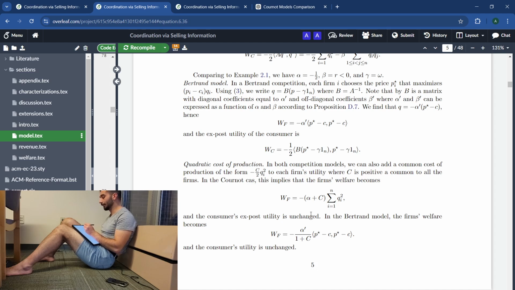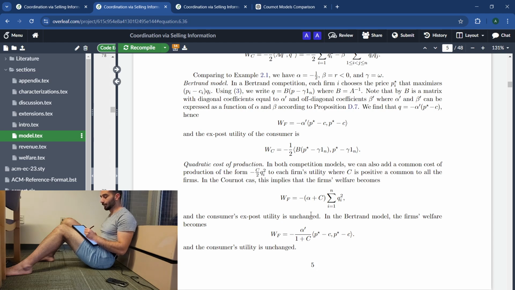This is the formula that gives Q equals B times P minus gamma 1n.